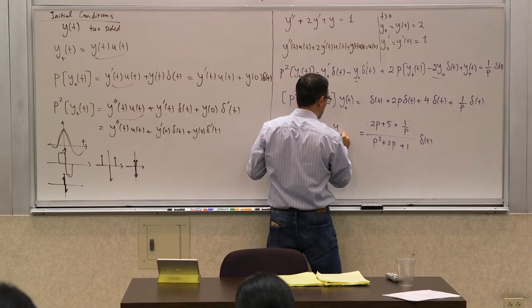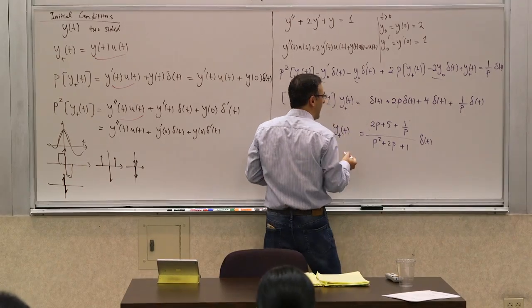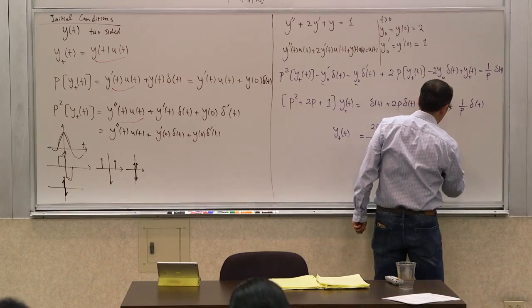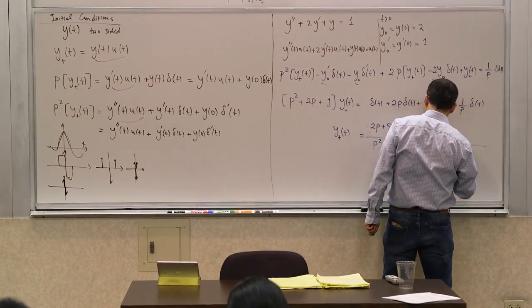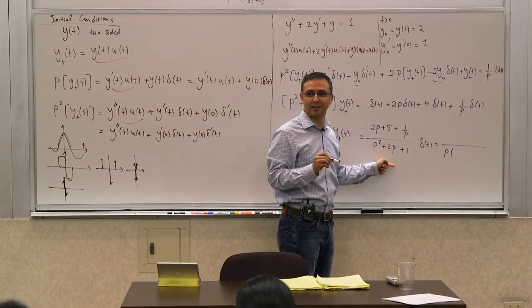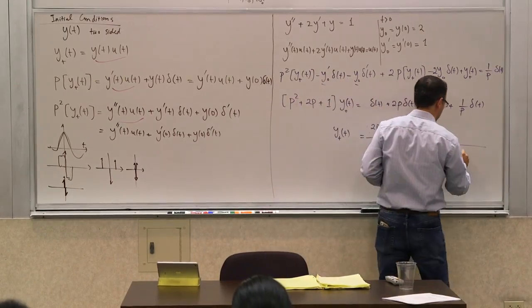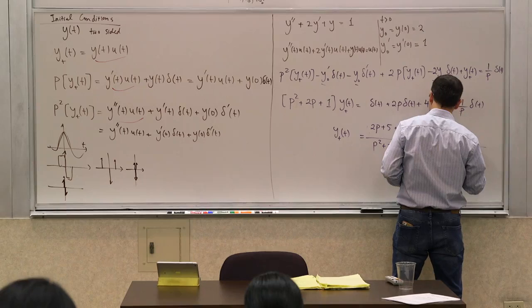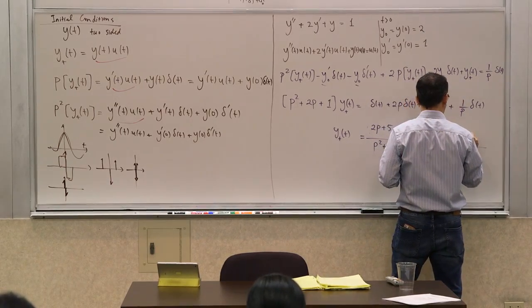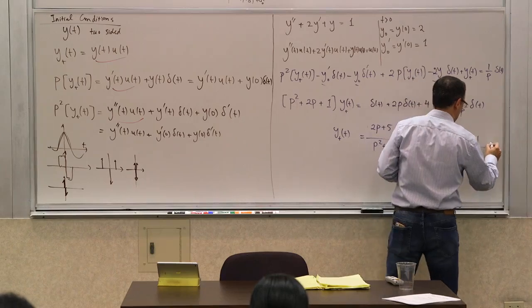So that produces y plus of t. Now, we already know how to deal with these things. I can simplify it a little bit. I can multiply it by p to get it into a more familiar form. And I can factor this. What's the factorization for this should be trivial, hopefully. P plus 1 squared. And then this becomes 2p squared plus 5p plus 1 on delta of t.